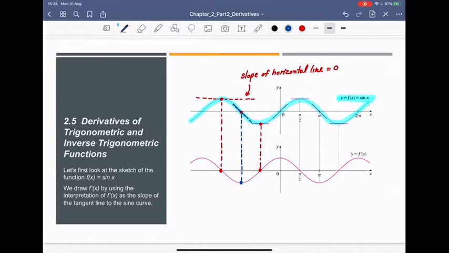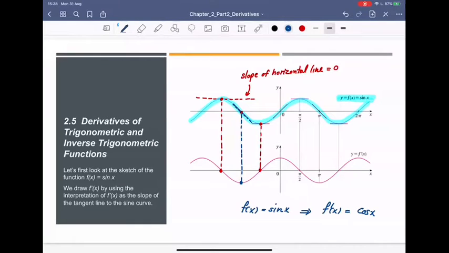Interesting. Which means if you complete the graph of the derivative here, it seems like if you have f(x) equals sine x, when you take the derivative, it looks like you get cosine x because the graph looks similar to cosine. Is it true?